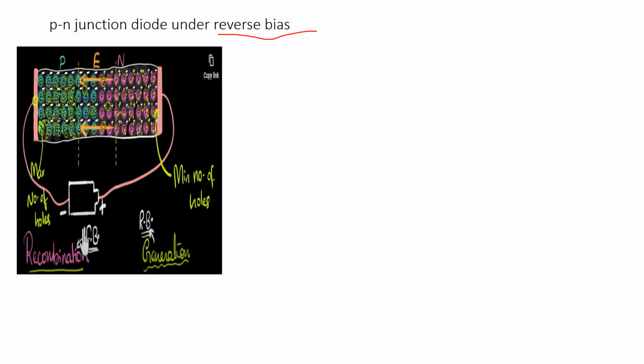In these circumstances, holes, which are positively charged, move to the left side, attracted towards the battery, and electrons, which are negatively charged, are attracted towards the positive terminal of the battery. Hence, the depletion width increases. So under reverse bias, the depletion width increases and the current flow is almost zero.